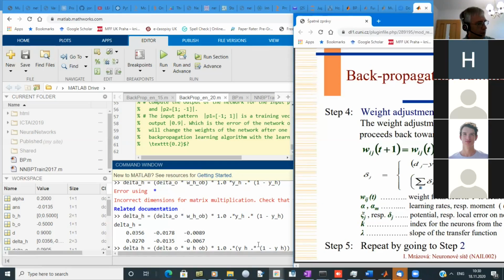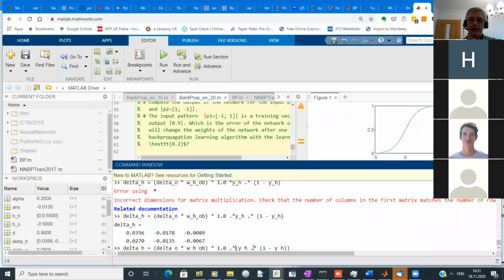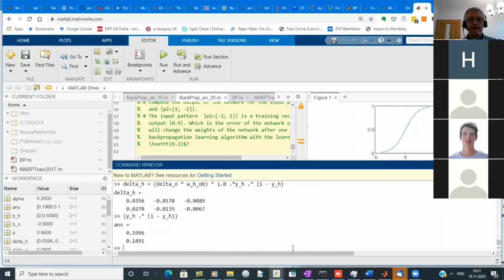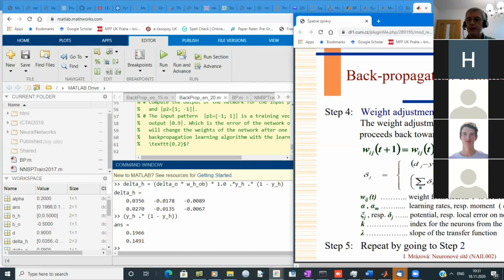So if we would like to obtain the delta O in form of a column, if I take the last part, these are the right part of the formulas for each delta, and we should multiply it with this term.